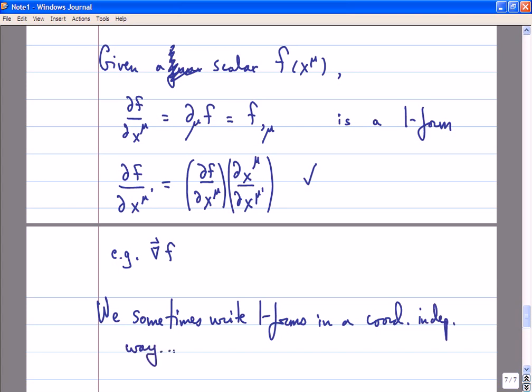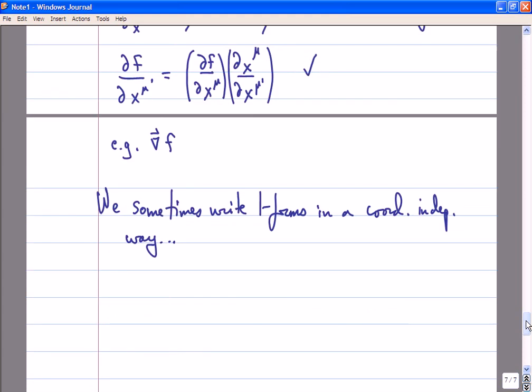Just as we could think of a vector as a geometric object, which is the differential operator V mu d by dx mu, we need to ask if there are any differential quantities which have an upper index rather than a lower index, which transform in the correct way to be regarded as a basis of one forms.